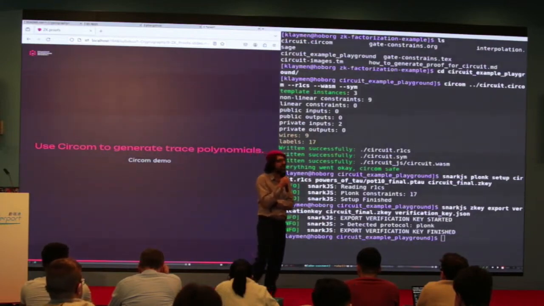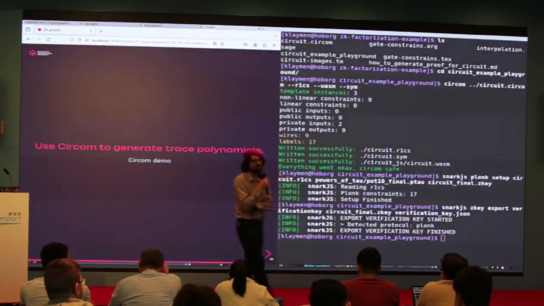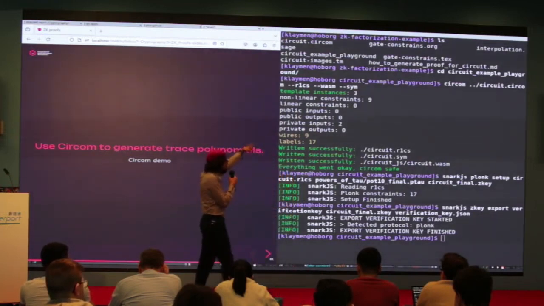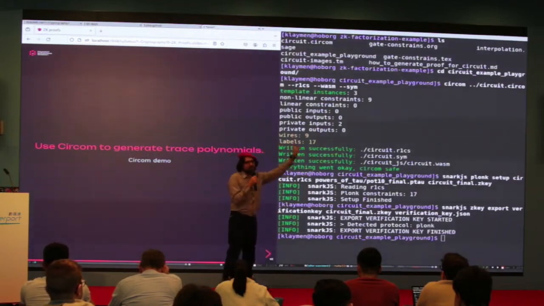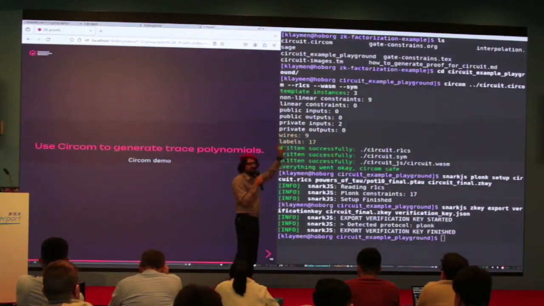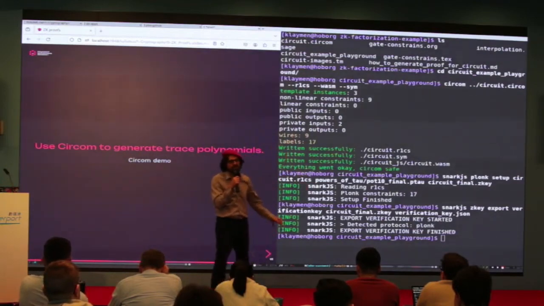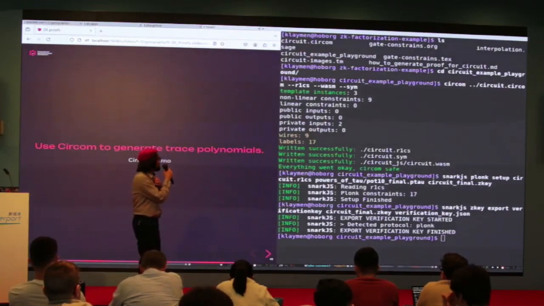So any addition in your circuit, you get for free. Every time you do a multiplication, the degree of the polynomial goes up. I think at the end, the degree of this polynomial is 9. The degree of the polynomial is much more, but the zero test will be a degree 9 polynomial, which will be smaller than our polynomial.